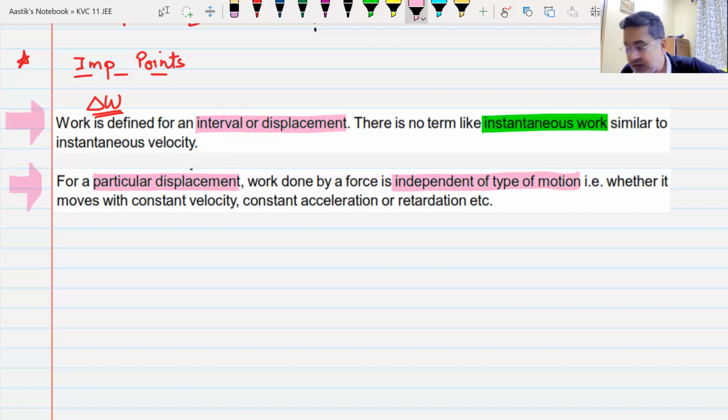Do we understand this? So, if you are going from your home to your school or hostel, whatever work done only depends on where your home is and where your school is, how much you have displaced or how much you have traveled. It does not depend on how you have got displaced or how you have traveled. Do we understand this?